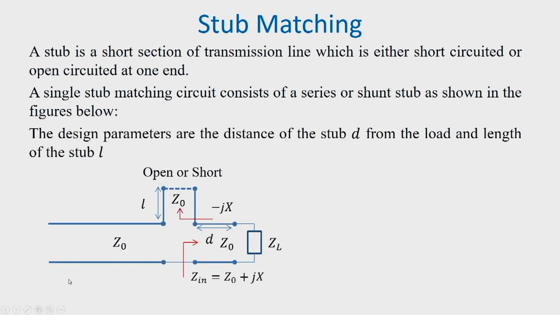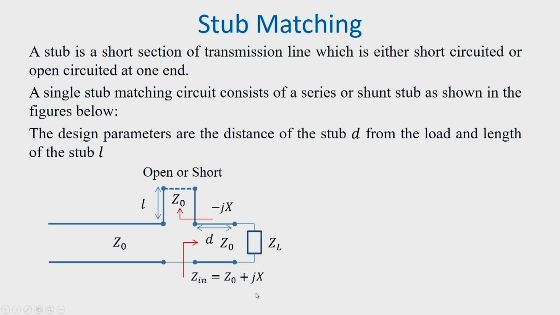So, this is the figure for a series stub matching circuit. We have the impedance ZL, which is to be matched to this transmission line of characteristic impedance Z naught. So, what we do? We try to find a length of the transmission line D such that the input impedance looking here becomes Z naught plus jX.